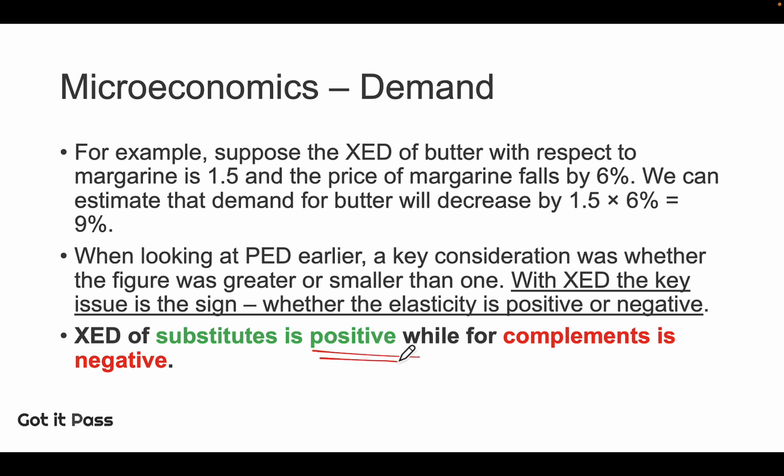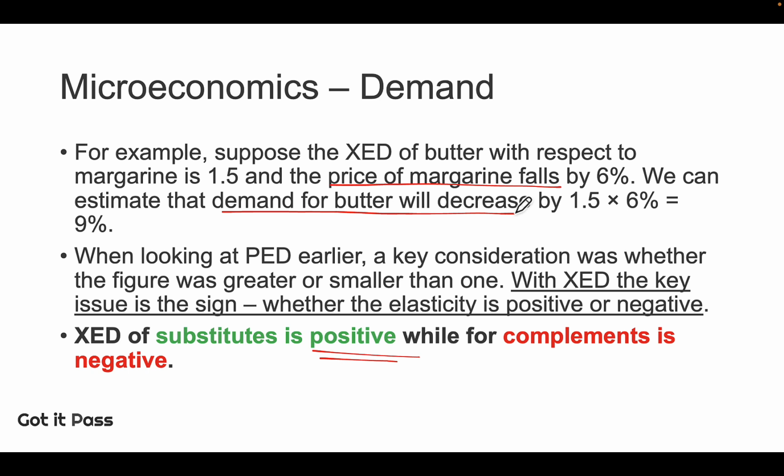And if they are complements, that means good A is a complement of good B, then the XED is negative. Going back to our butter example, the price of margarine falls and the demand for butter will decrease, so they are positive.